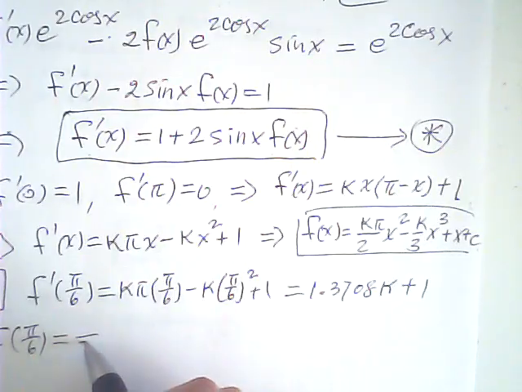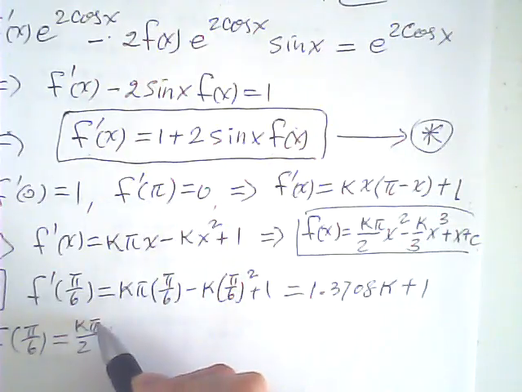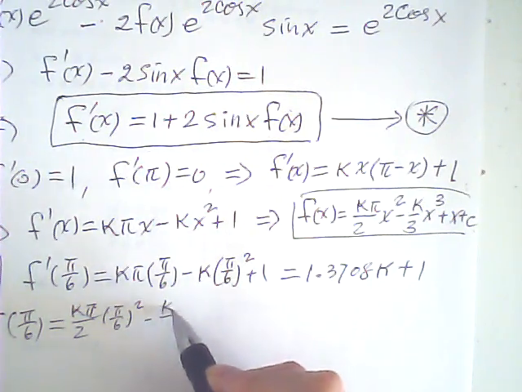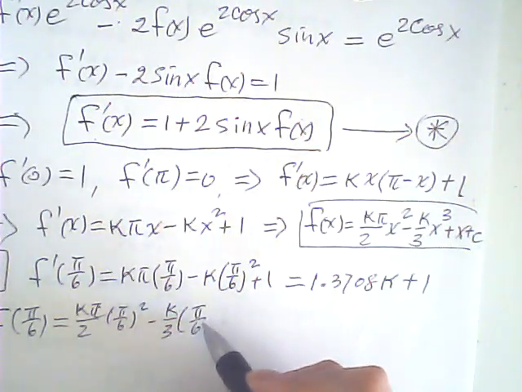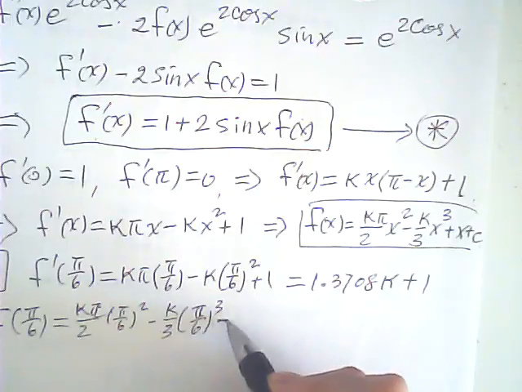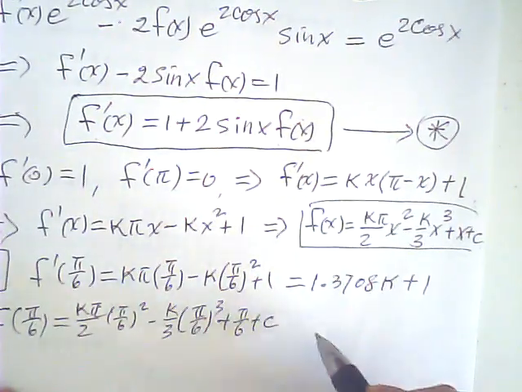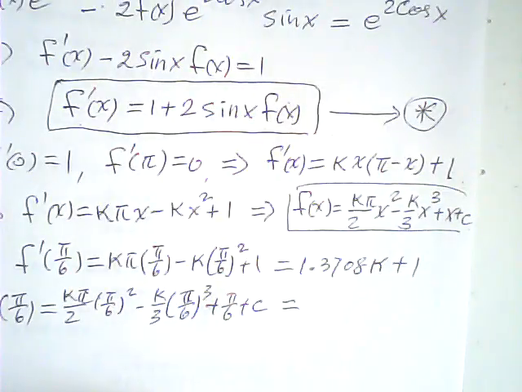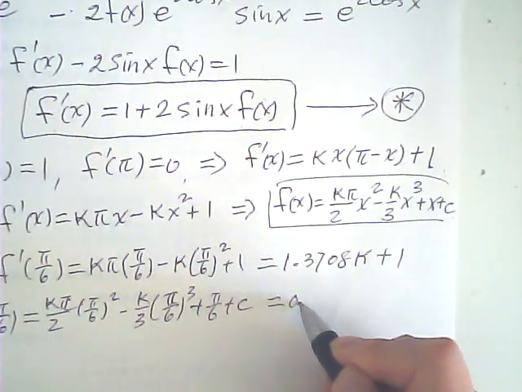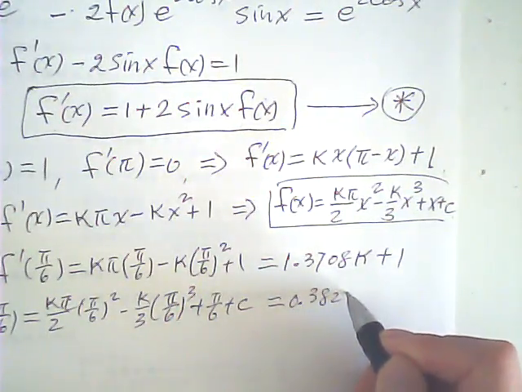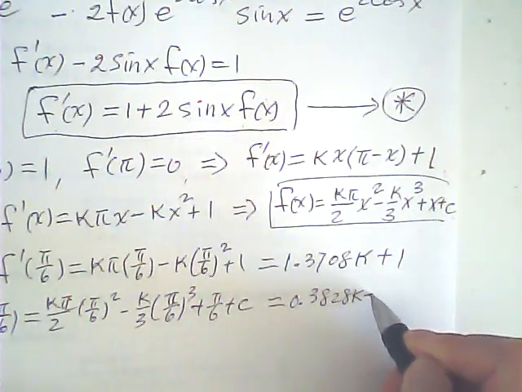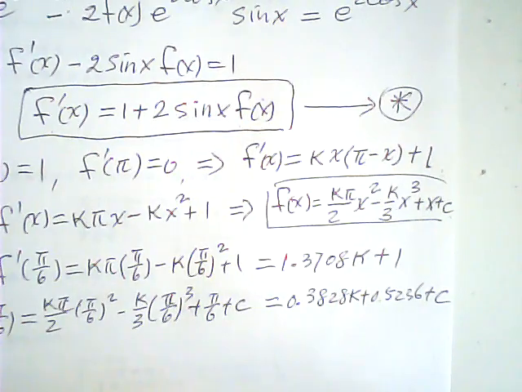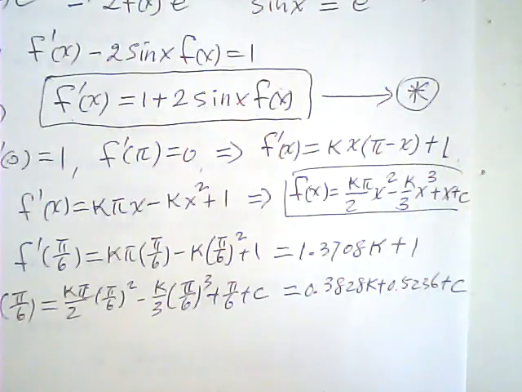This is equal to 2k pi over 6 squared, minus k over 3 times pi over 6 cubed, plus pi over 6 plus c, which is equal to 0.3828 k plus 0.5236 plus c. It's nothing but tedious calculations.